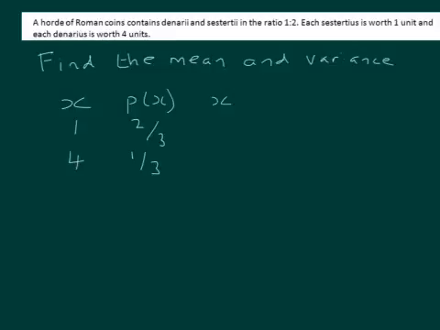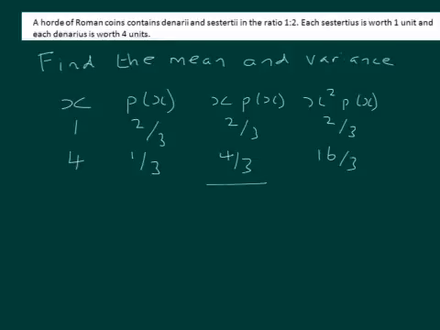So let's do x times p(x), that's 2/3 and 4/3. Let's do x squared times p(x), that's 2/3 and 16/3. Let's add these up. 2/3 plus 4/3 is 6/3, that's 2. 16/3 plus 2/3 is 18/3, that's 6.